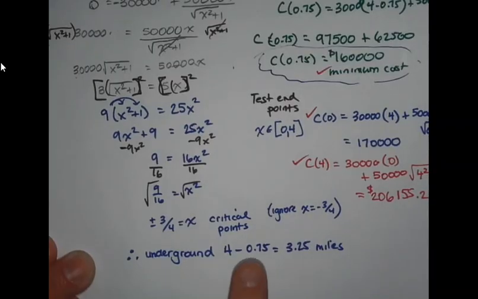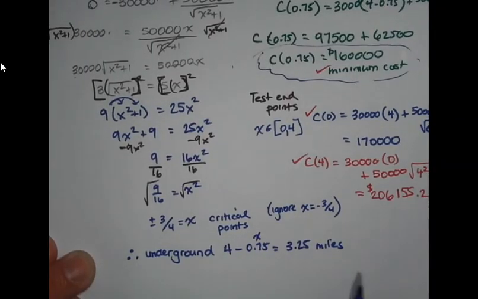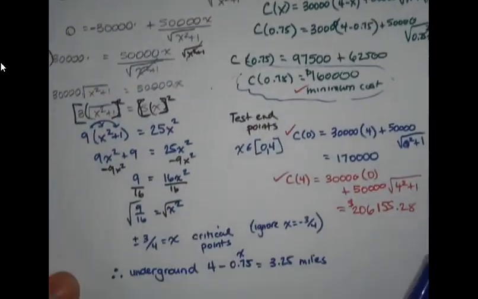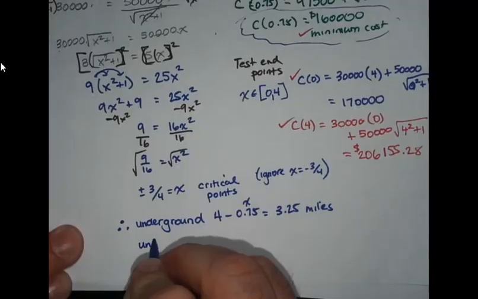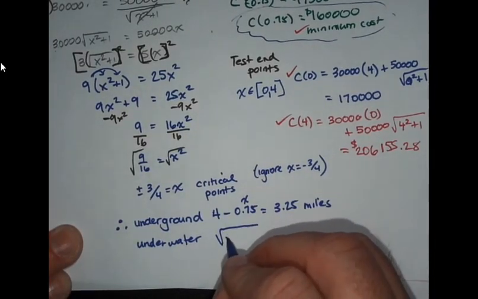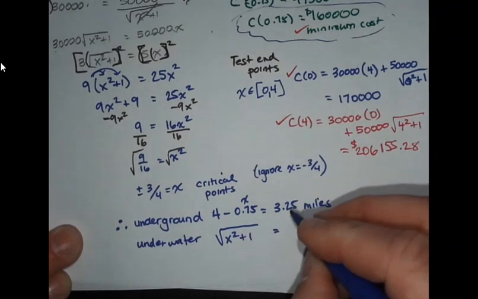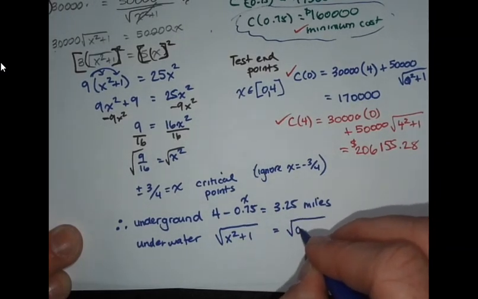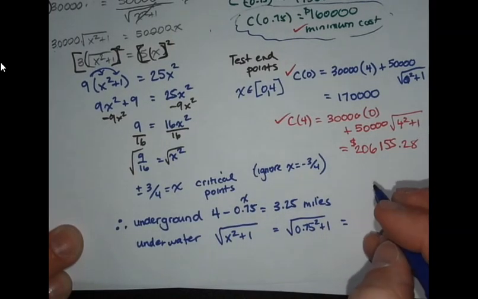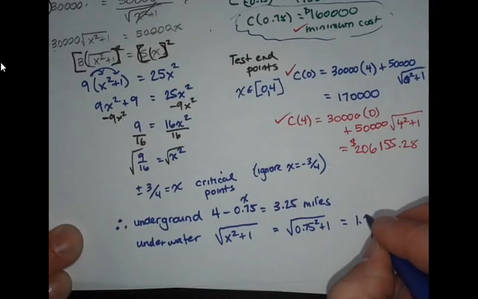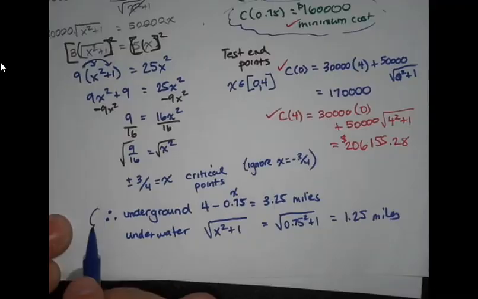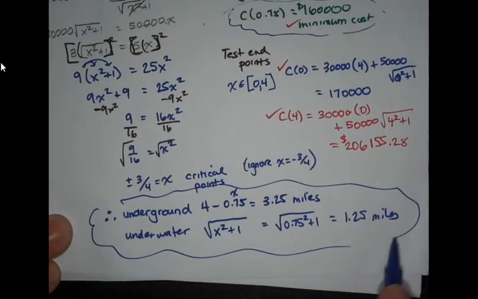All right, because remember our x is that, and our underground up here is 4 minus x, and our underwater distance was the square root of x squared plus 1. So I can put in 0.75 squared plus 1. That would be 1.25 meters. All right, so there you go.